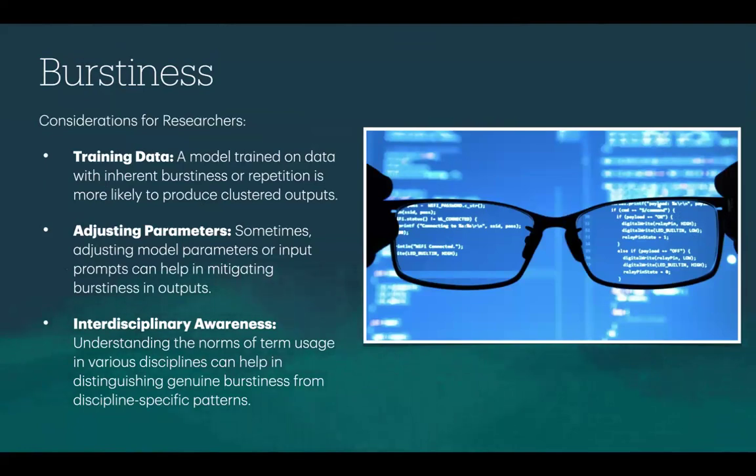This may help mitigate burstiness in those outputs, but it may help to have some interdisciplinary awareness in understanding the norms of term usage in various disciplines, which can help distinguish genuine burstiness from discipline-specific patterns. And you can maybe think a little bit more about some of those different ways a cancer LLM might get applied to something else. Okay? So we wouldn't want to do that.